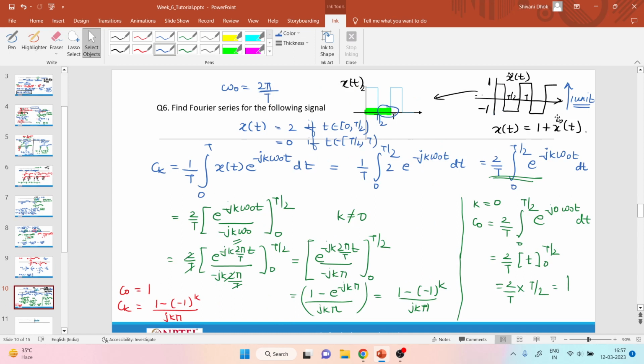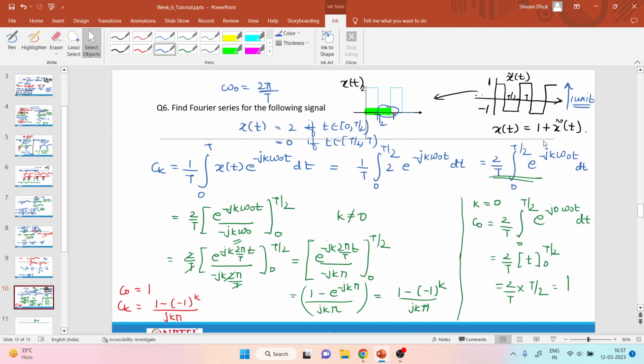So when I am shifting it by 1 unit upwards, I am simply giving it a DC shift, a DC shift by 1 unit, and the DC shift is always reflected in the DC component of Fourier series, that is c0. So if I am shifting this by 1 unit upwards or some unit downwards, the only change is in its average value, and the average value of the signal is captured in the DC coefficient, that is c0.